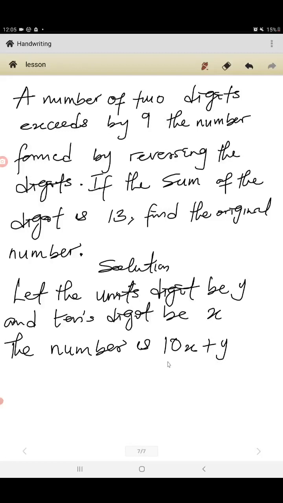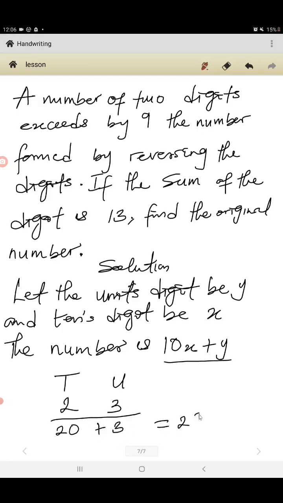Let me re-explain this for a better understanding. When we were young, we talked about tens and units. For example, we have 23. This 23 is formed by 20 plus 3. That is why we have 23.